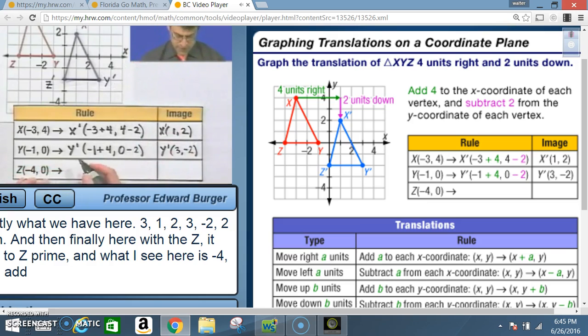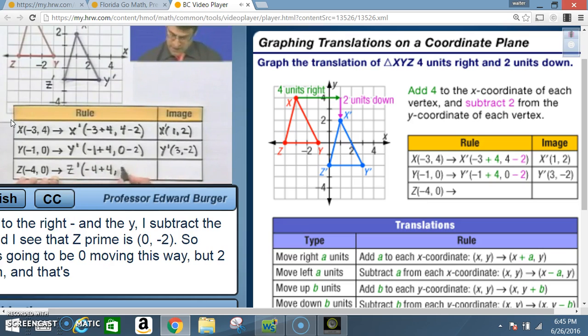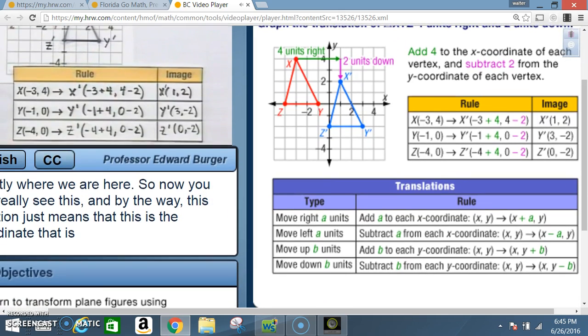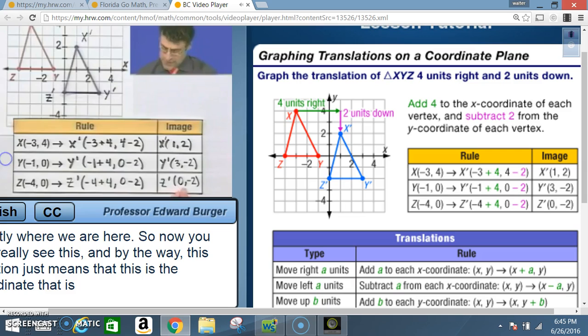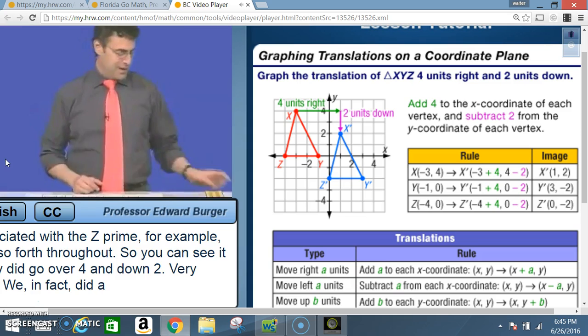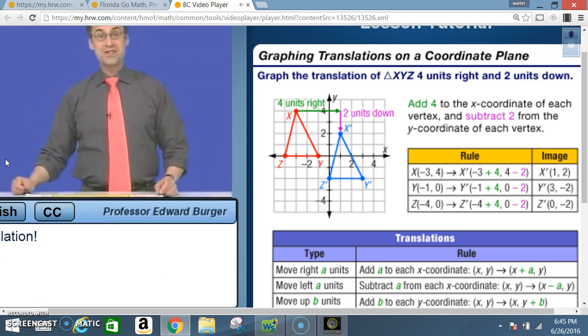And then finally with the Z, it goes to Z prime, and I see -4, and I add 4 to the right, and in the Y I subtract the 2, so Z prime is 0, -2. That's 0 moving this way, but 2 down, and that's exactly where we are here. By the way, this notation just means that this is the coordinate associated with the Z prime, for example, and so forth throughout. So you can see it really did go over 4 and down 2. Very cool. We, in fact, did a translation.